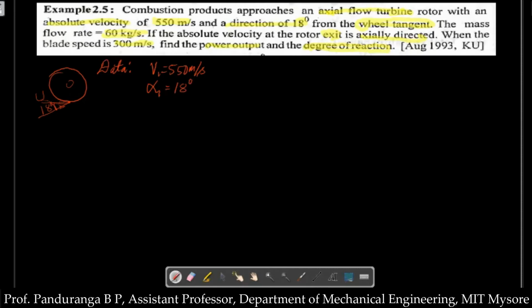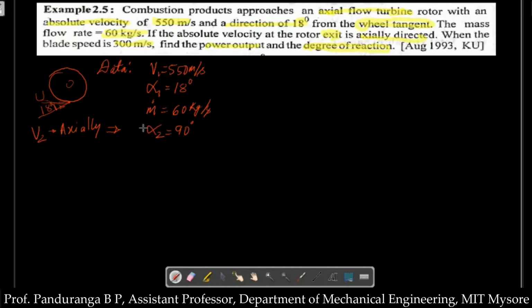Then the mass flow rate m dot is 60 kg per second, and the absolute velocity at the rotor exit is axially directed, which means to say that the absolute velocity at the exit is v2 and that is axially directed, which means alpha 2 will be equal to 90 degree.